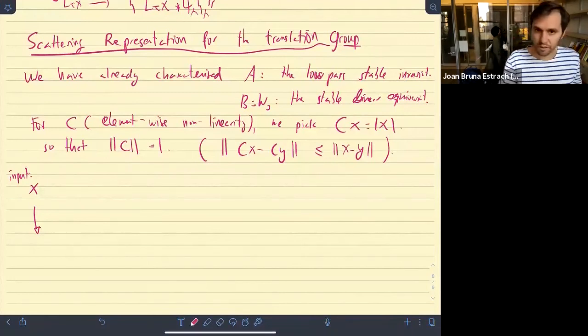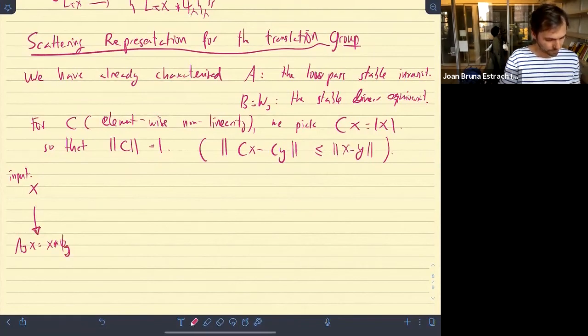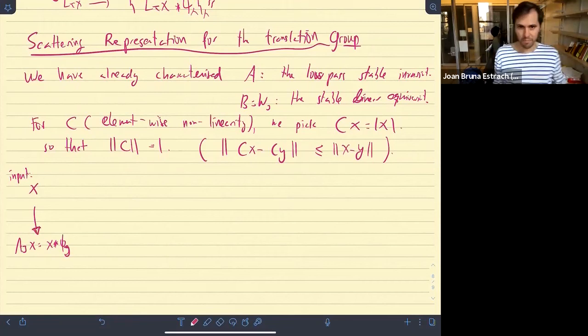We can do it with a low-pass filter, so we apply our operator A_J, that is convolving with a low-pass filter.